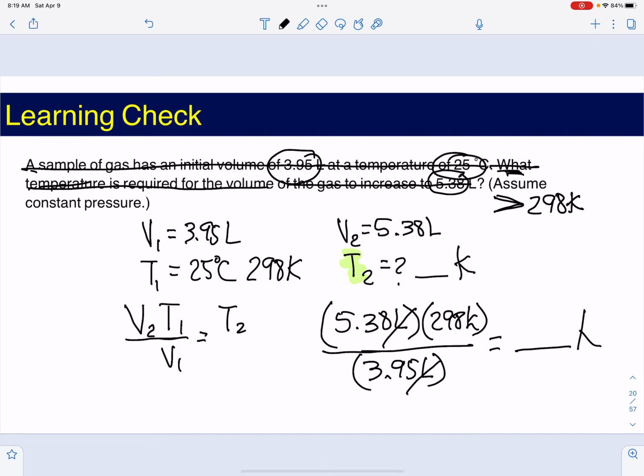And my temperature should be, let's see, 5.38 times 298 divided by 3.95 equals 406 Kelvin. 406 is bigger than 298, so that makes sense.